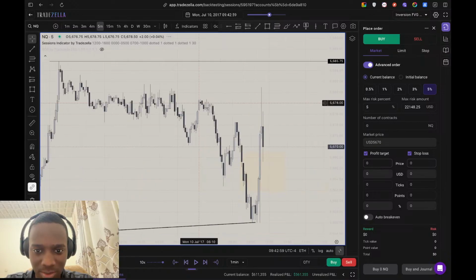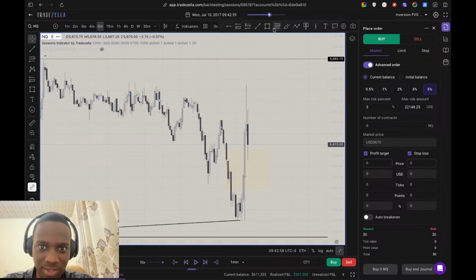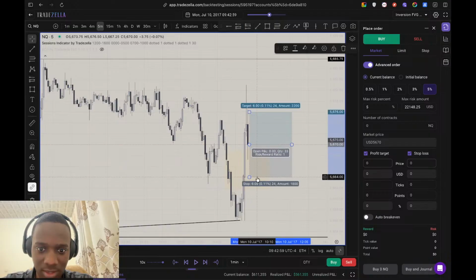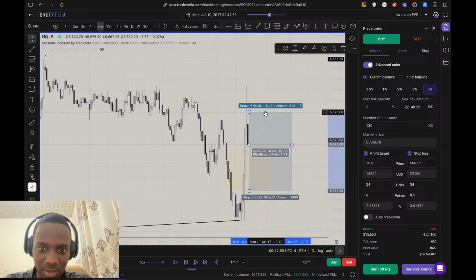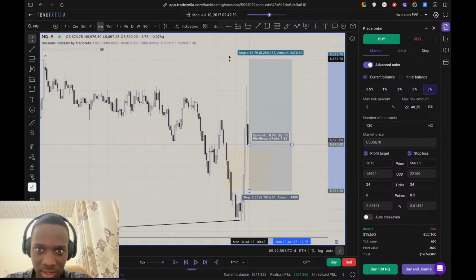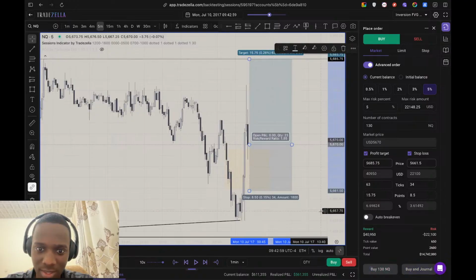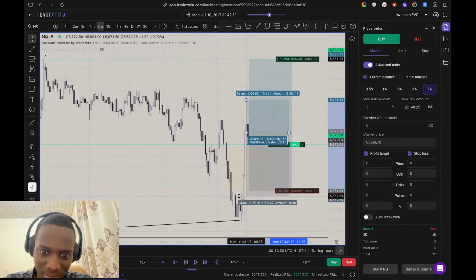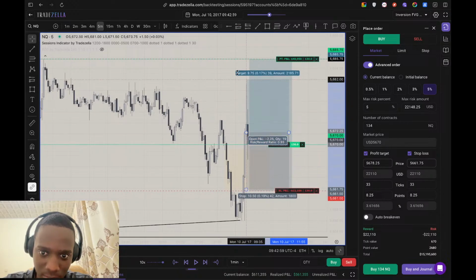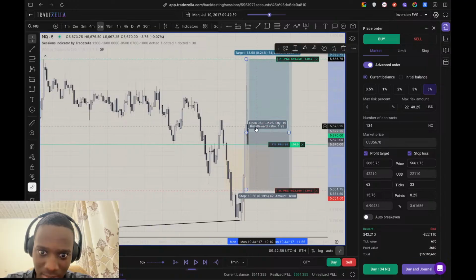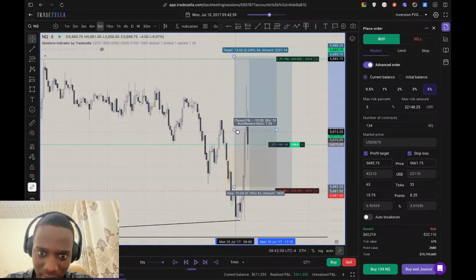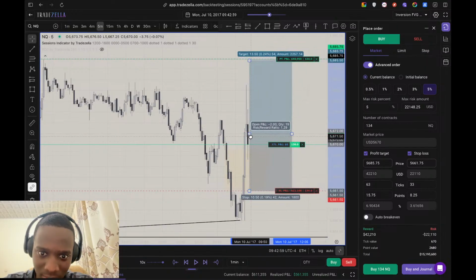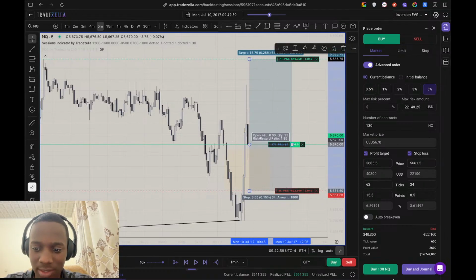You can see this one here, we tap onto the inversion, stop here, target here. You can see the RR is raised, which is different than taking the trade here, having a stop here. Well, looks quite the same, but I would be a little bit early, I mean late.